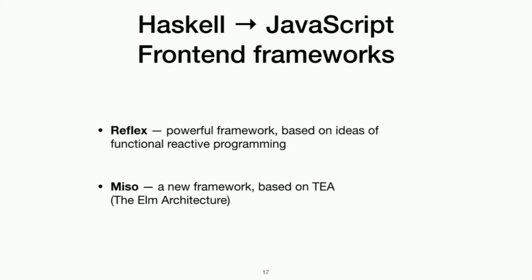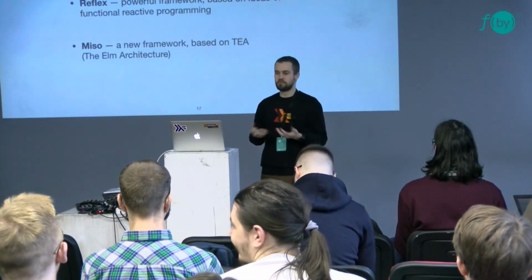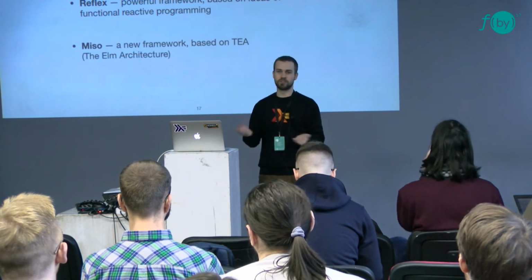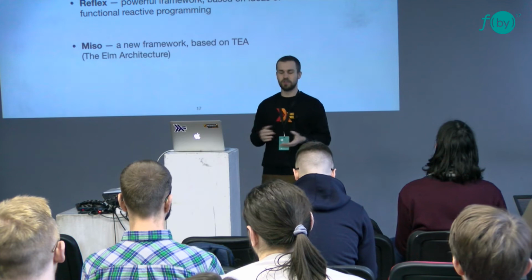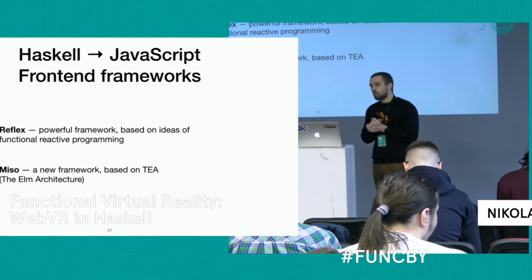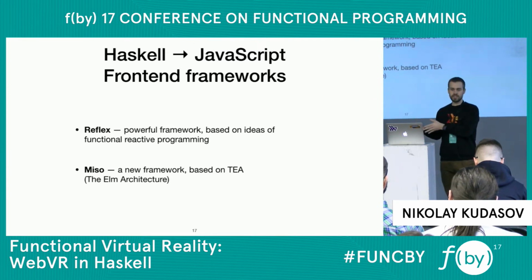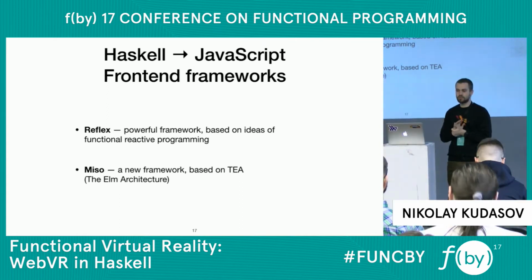Okay, so we have this, but we can't use just raw GHC.js. We want to use something more comfortable. So what front-end framework could we use to bind to this AFrame framework? For me, there were two choices. First was Reflex.